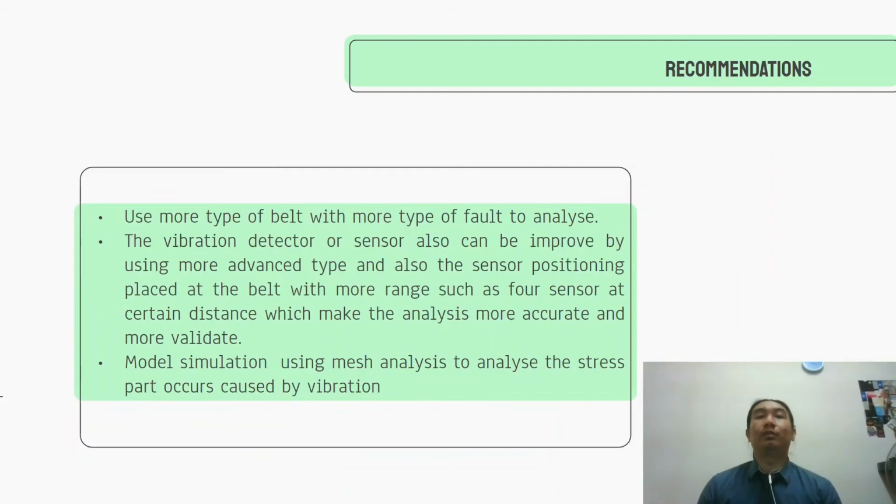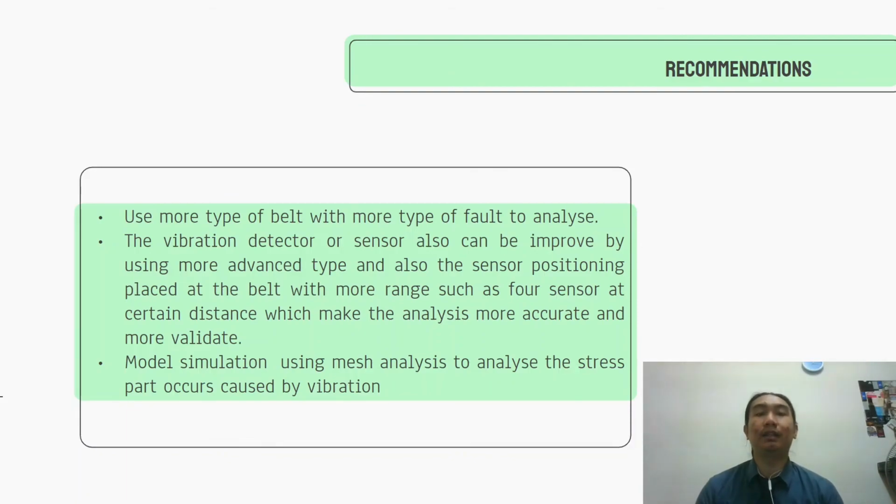And as for the recommendation, firstly, use more types of belt such as round belt and others, and more types of fault to analyze, such as a fault normal belt, so it can differentiate the normal and the fault normal belt.